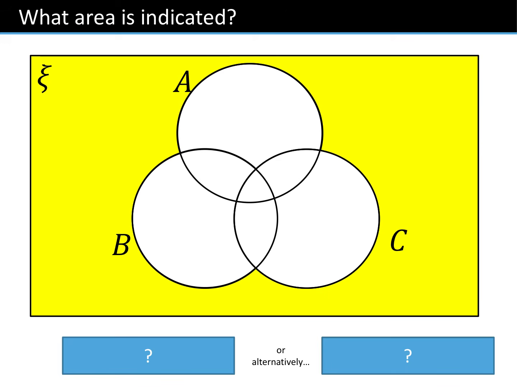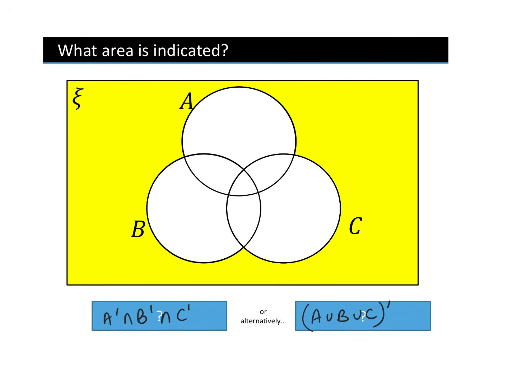Okay, last. Oh no, it's not the last question. So this is not A intersection, not B intersection, not C. Or this could be A or B or C, not. Fun fact, everyone.